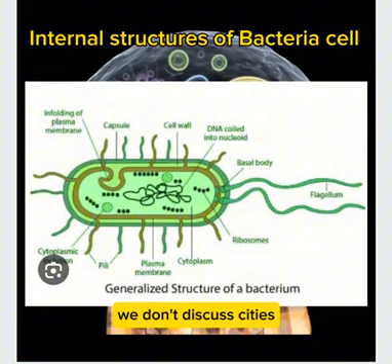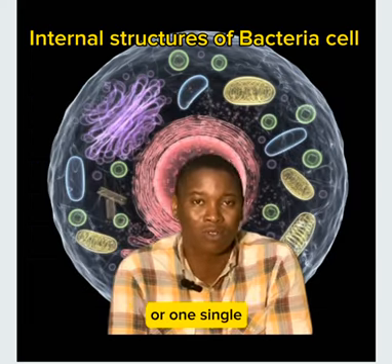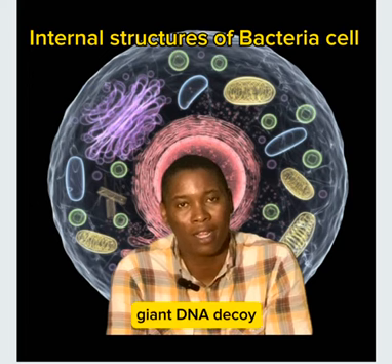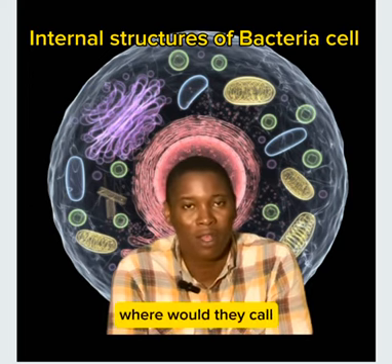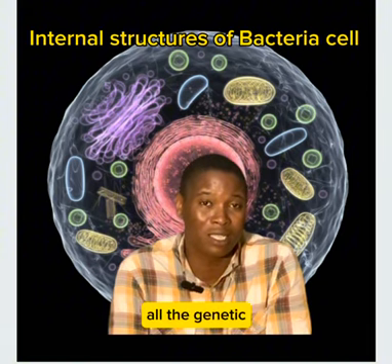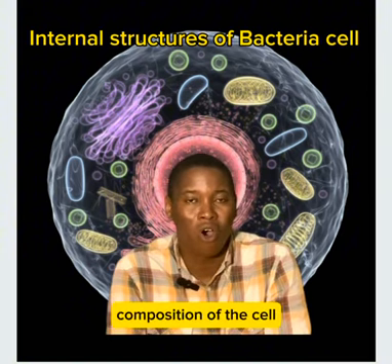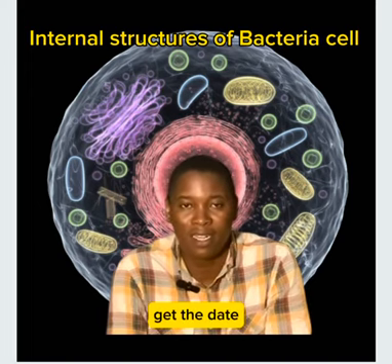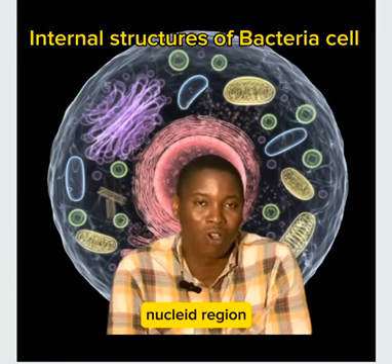And we remember we have discussed that the bacterial cell has one single circular chromosome, or one single circular giant DNA. This single circular giant DNA is coiled in that area we call the nucleoid region, and it carries all the genetic composition of the cell, all the different genetic information the bacterial cell has, inside that nucleoid region.